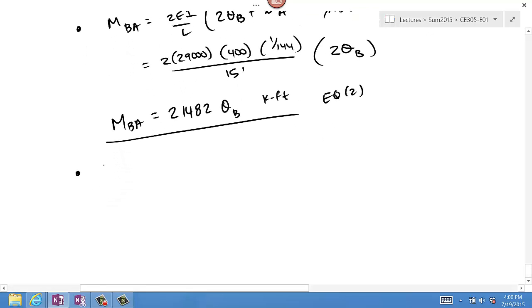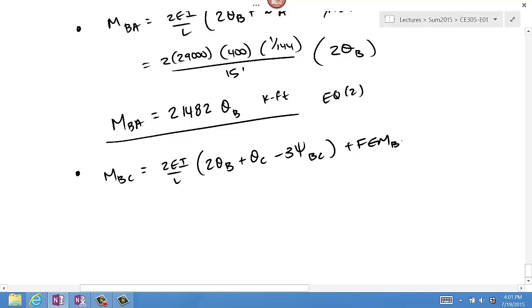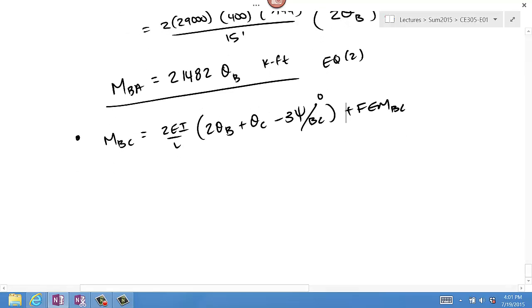Now for MBC, again, this is a general case equation, 2EI over L, 2 theta B plus theta C minus 3 psi BC plus fixed end moment BC. So psi BC is 0. This gives me 2 times 29,000, I of 800, 1 over 144 for the unit conversion.